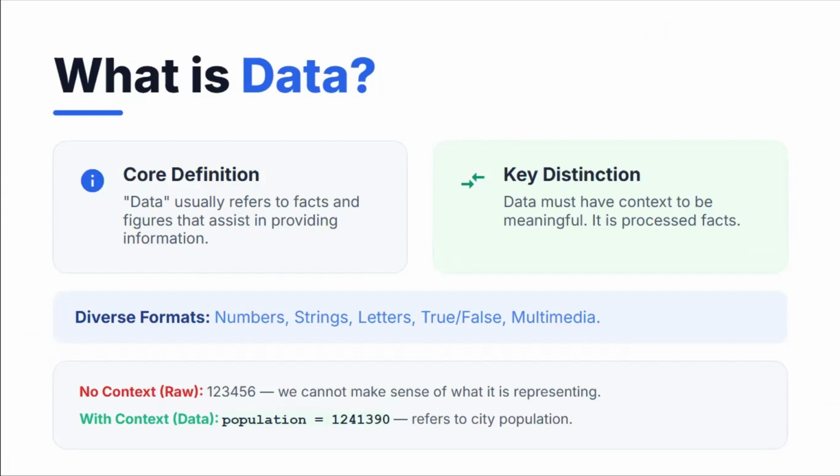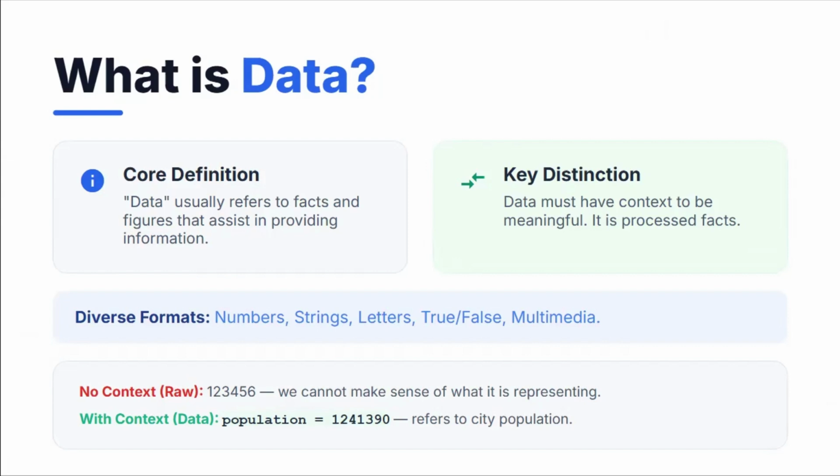For example, if I say random like 1, 2, 3, 4, 5, 6, you might be wondering what is this 1, 2, 3, 4, 5, 6? Is it so? You will have doubts, right? So what for is it? But if I say the population of city XYZ is 12 lakh 41,390, then you can say, okay, so I am referring to city XYZ's population as 12,41,390.